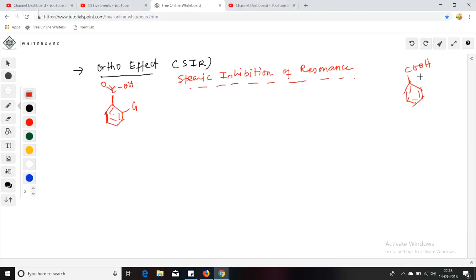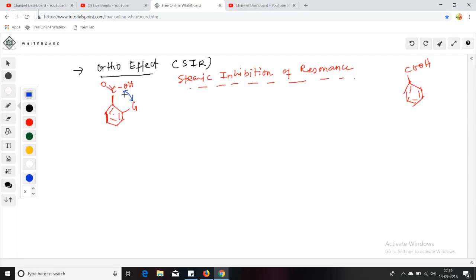Right? Now if you have any group present at the ortho position, because of this group we have some repulsion, right? That is crowding, because of steric crowding. And when the repulsion takes place, this group changes its plane to minimize the repulsion and gain stability, right?